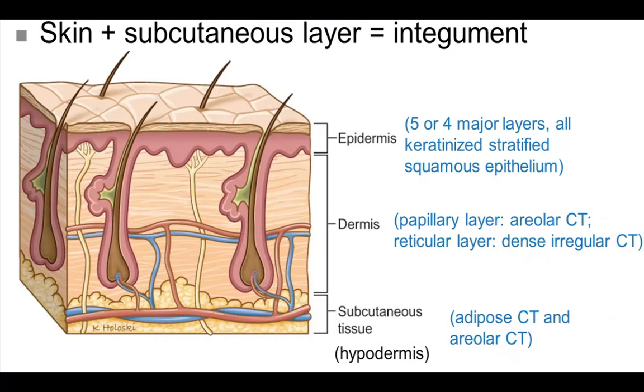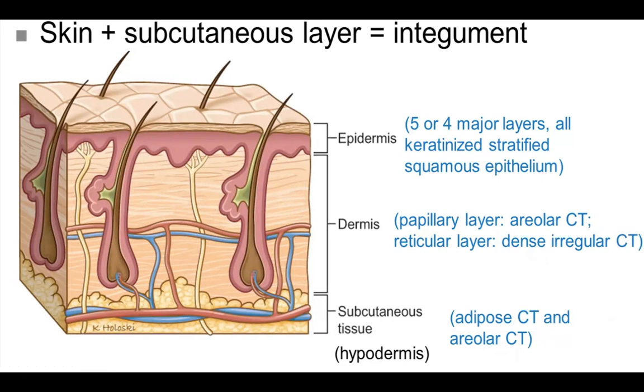So we know that the skin is called the cutaneous membrane, okay? The skin itself, the cutaneous membrane, is composed of the epidermis and the dermis. So there are actually two major layers of the skin, but we also have this subcutaneous layer, which I've kind of alluded to in previous chapters.